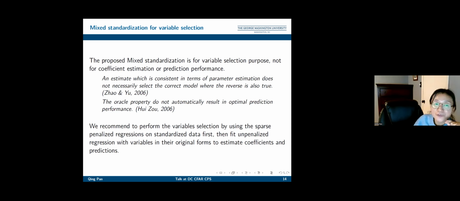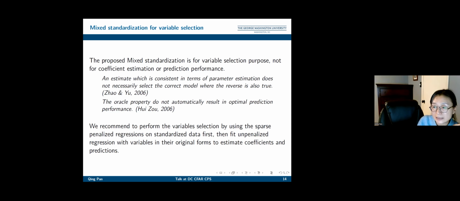But for this method, I want to clarify that we are just doing the dichotomization for the purpose of variable selection. So after I select them, when you fit your model, I will still use the original form of the selected covariates to avoid the loss of information.